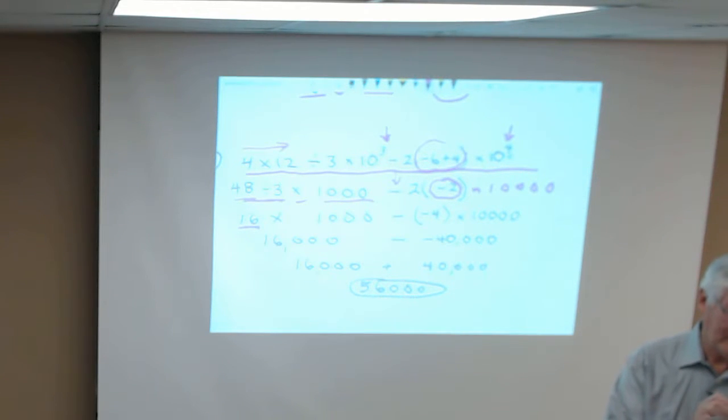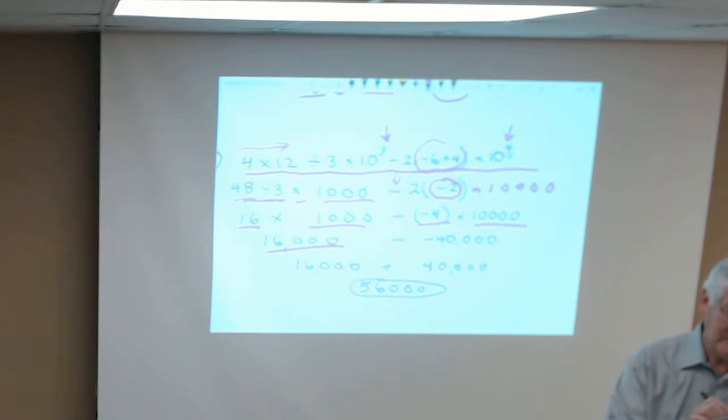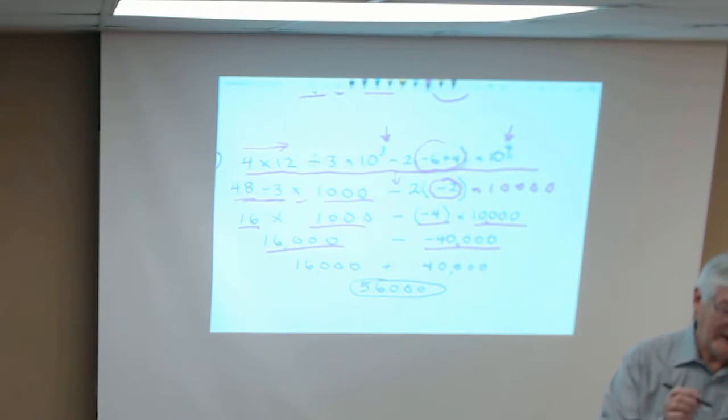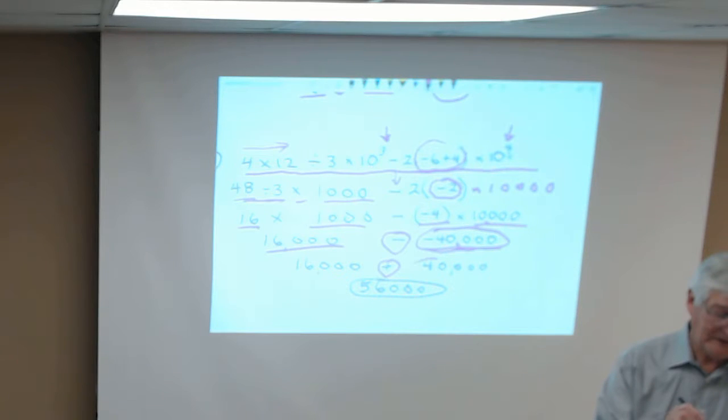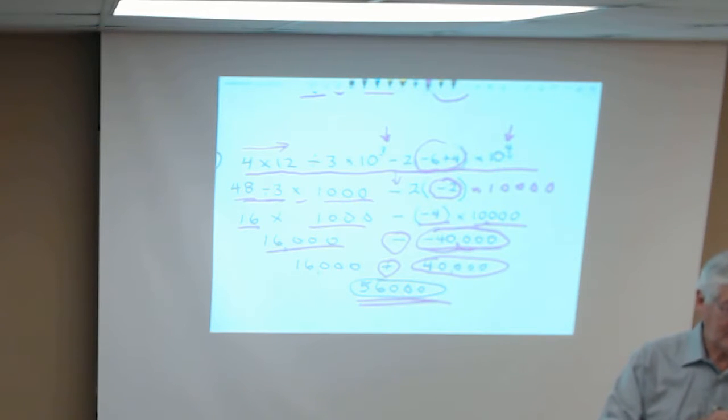So now that would come out to be 16,000, wouldn't it? And then this is negative 4 times 10,000, which is negative 40,000. But then minus a negative 40,000 would be what? Plus a positive 40,000. So the answer is 56,000.